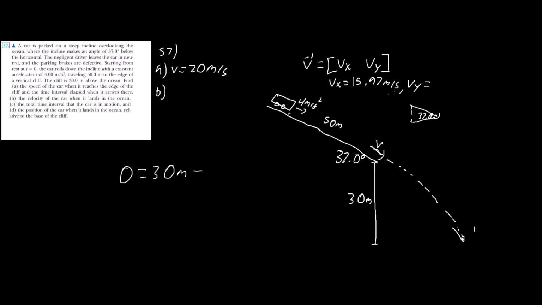Remember, folks, the x component is always constant. The y component varies, so the initial velocity going downward is 20 times sine of 37 degrees, which is 12.04 meters per second, times the time, minus 4.9 t squared.